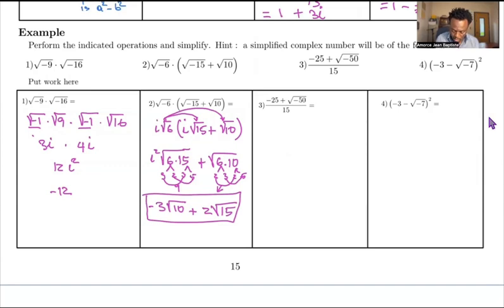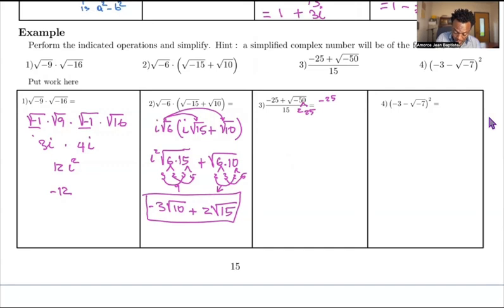Over here, we have -25 plus square root of negative, let me put, so we remember 50 is 2 times 25, right?